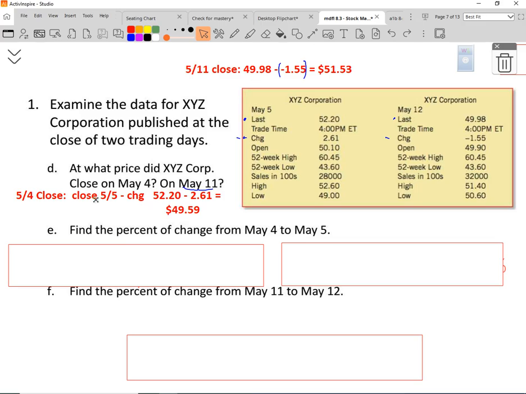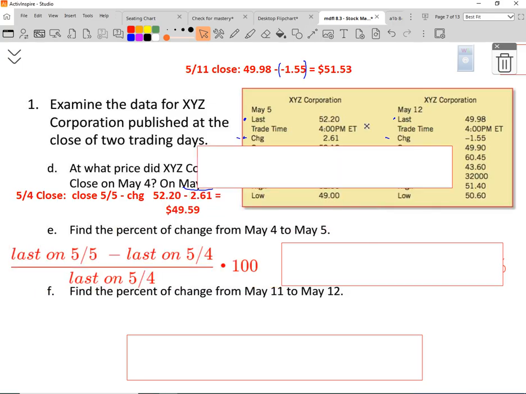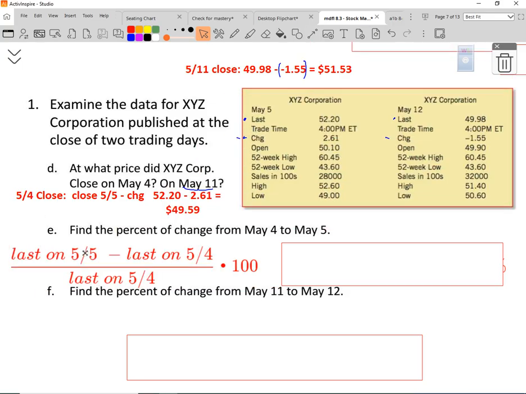All right. So if we're finding the percentage change from May 4th to May 5th, what we're doing is we're using the last on May 5th minus the last on May 4th divided by the last on May 4th. If you remember from middle school math, it was the change on top divided by the original.